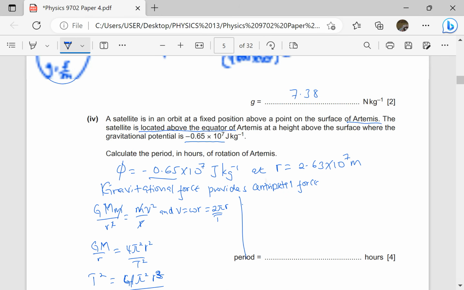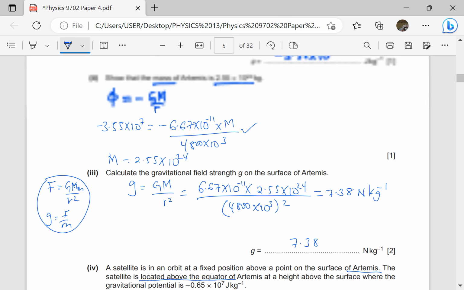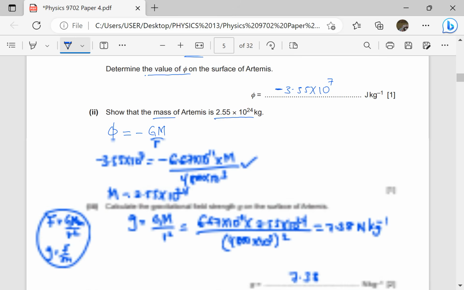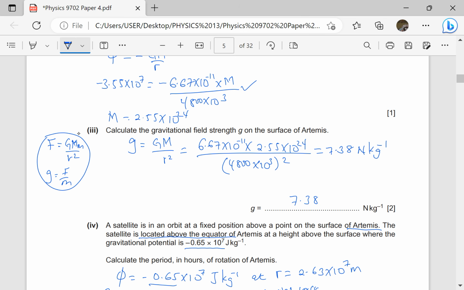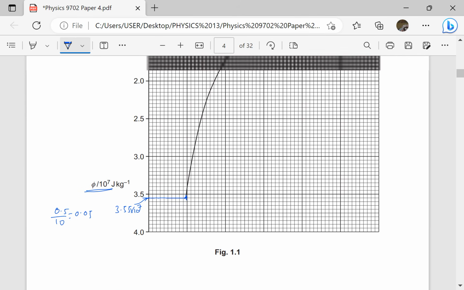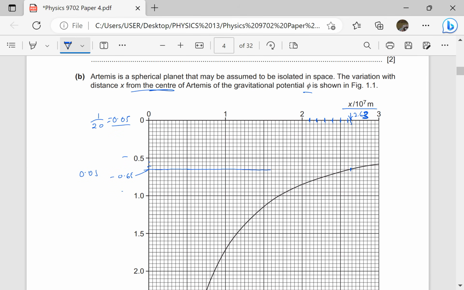Let's check the radius again, or the distance from the center, because they said the satellite is located above the equator of Artemis at a height above the surface where gravitational potential is negative 0.65. On the x-axis, the scale is 0.05, so this is 0.6, and one small box gives 0.65.